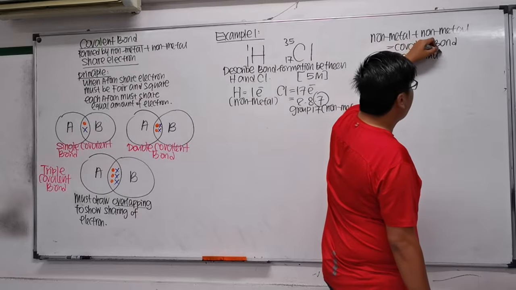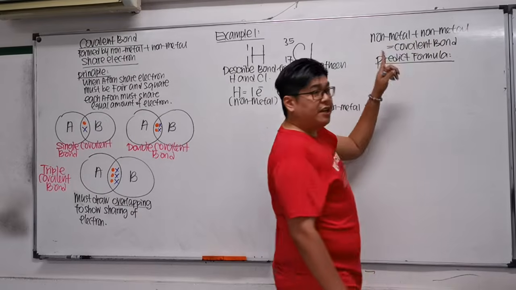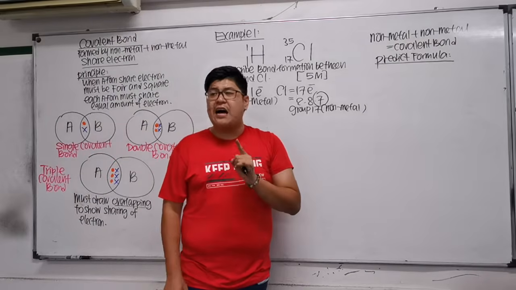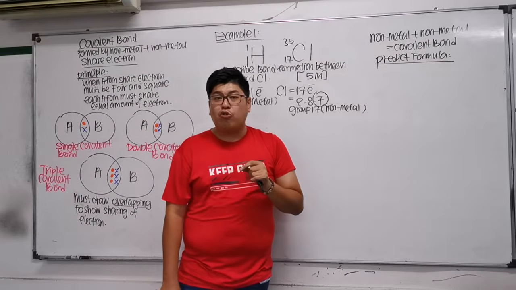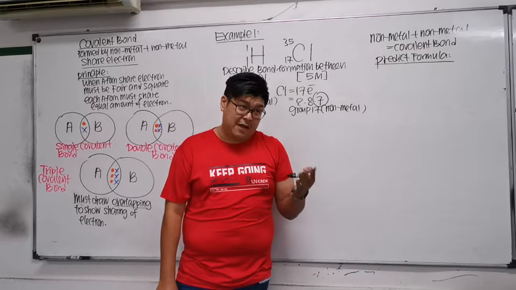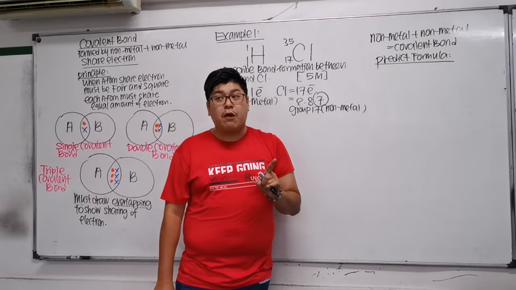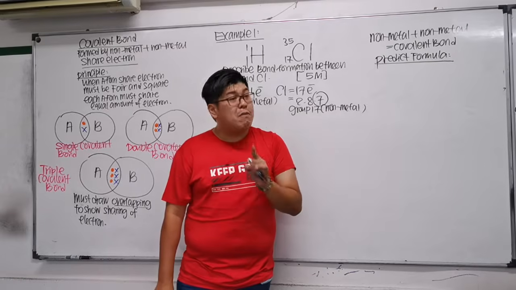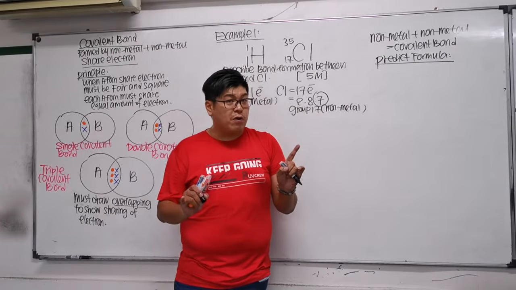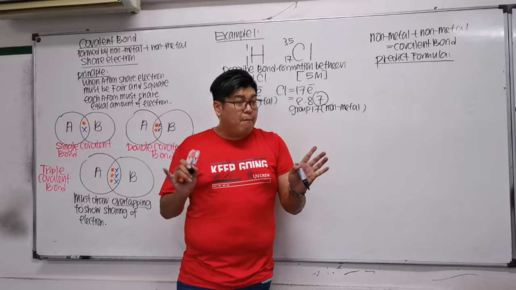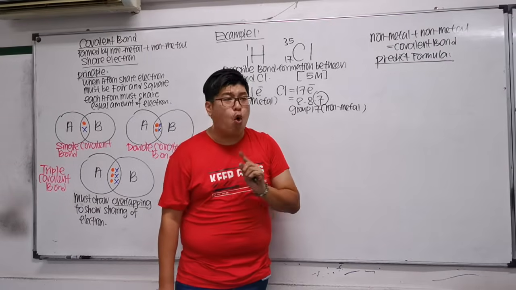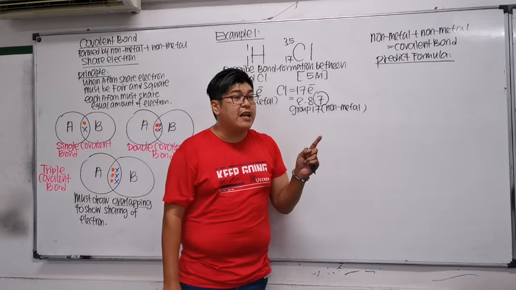Now, this is very tricky. Listen carefully. Last week, I taught you how to predict the formula for ionic compounds. If you want to predict the formula for ionic compounds, you must know the charge, right? That's what I taught you last week. Completely okay. But now guys, don't mess up. Today we are not doing ionic. We are doing covalent.